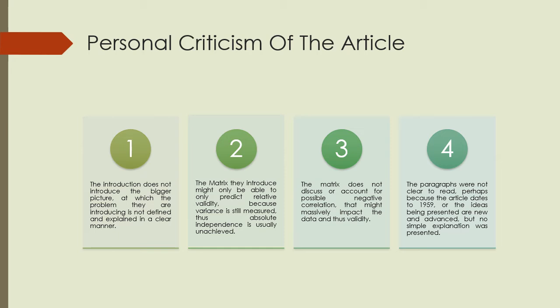Now for the personal criticism of this article. So regardless of the massive impact this article had on the literature and the validity community, when I first read it, the introduction was very not clear. They did not really highlight the bigger definitions. They did not explain the problem. They did not explain the gap. They did not give the bigger picture.